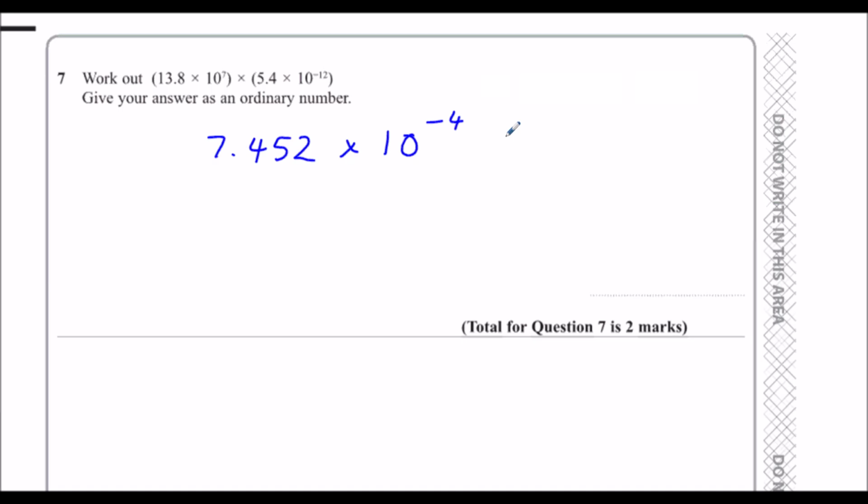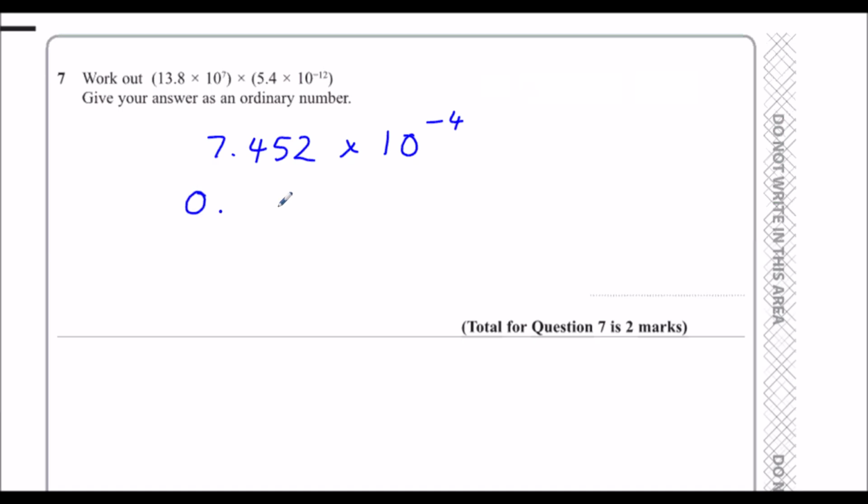But the question says, give your answer as an ordinary number. And our answer is in standard form at the moment. So we need to convert this number from standard form to an ordinary number. So this is 7.452 divided by 10 4 times.